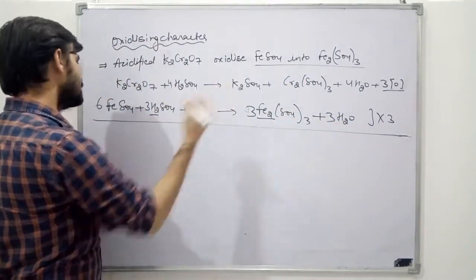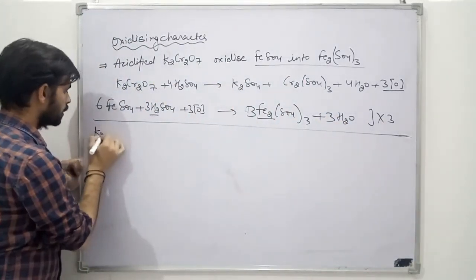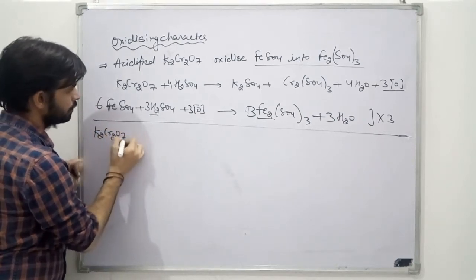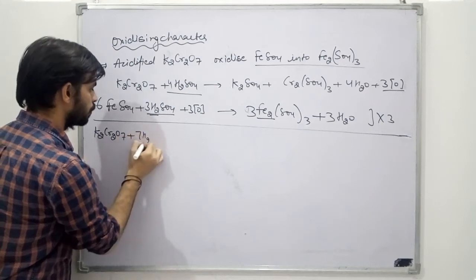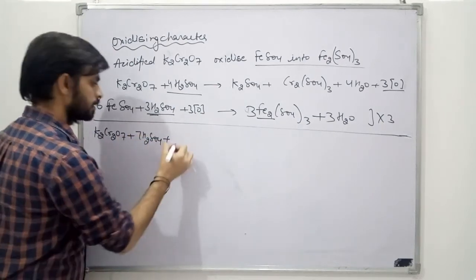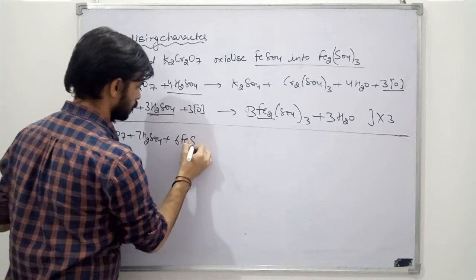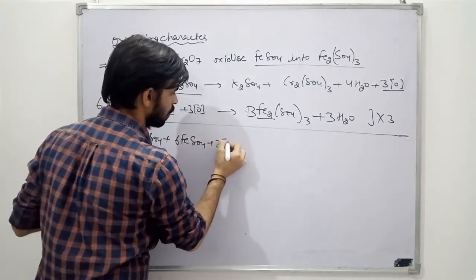Now add these equations, that is K2Cr2O7 plus 4 plus 3, that is 7H2SO4, plus 6 times of FeSO4 and 3 nascent oxygen.